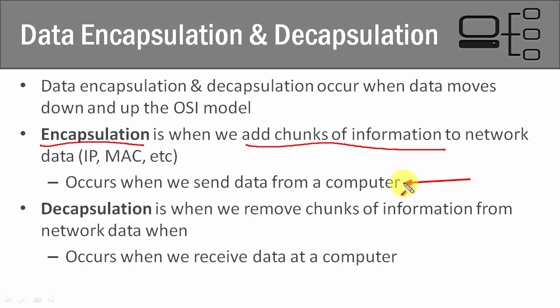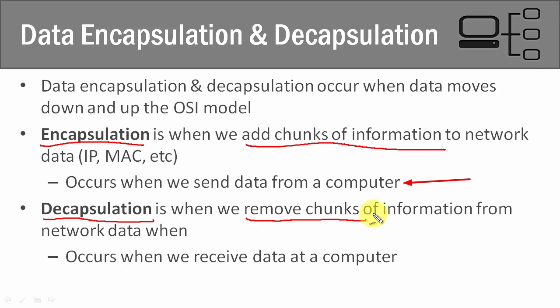Now, the exact opposite occurs when it goes up the stack and data is being received at the other end. When data is being received at the other end, we call that data decapsulation. And the exact opposite happens. We remove these chunks of information that we added on, so the MAC addresses, IP addresses, and everything else.